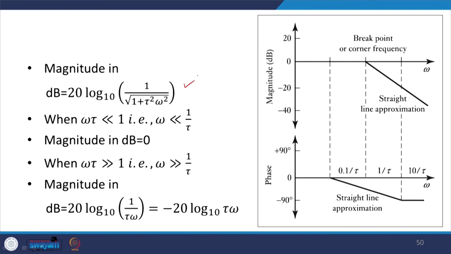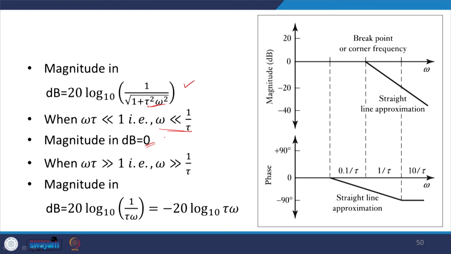Now, here you see if this ωτ is less than 1, or what we can say that ω is very much less than 1 by τ, then what happens basically, okay, I can neglect this term actually. So, this becomes actually log10 of 1. So, this magnitude is going to be 0. Okay.